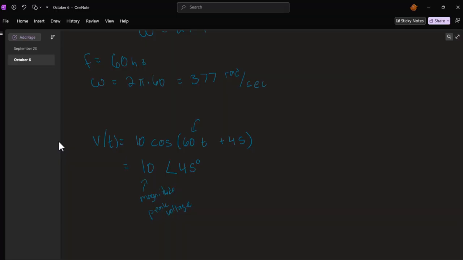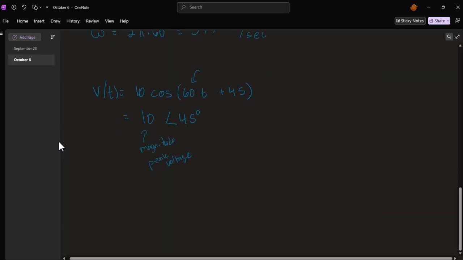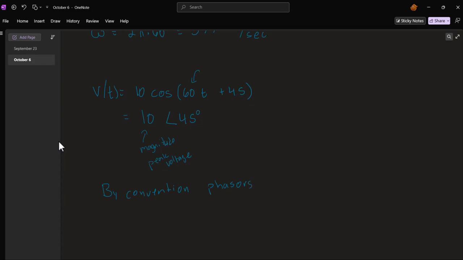And this is the phase shift relative to something else. And so when we write phasors, by convention, I'm sure the book y'all are using does this too, we use cosines instead of sines. So by convention, phasors use cosine.